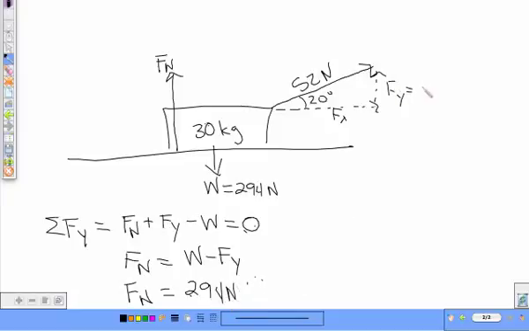Then F of y is 17.8. So that minus 17.8 newtons. So our normal force is 276.2 newtons.